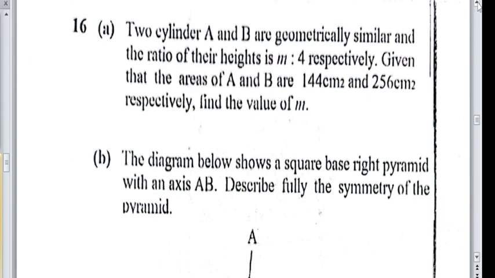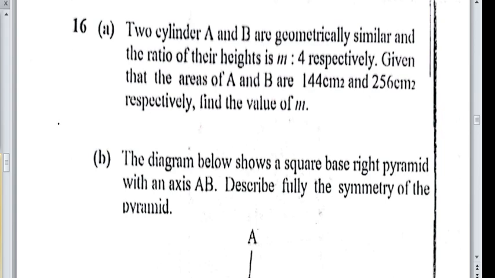So we have a question: two cylinders A and B are geometrically similar and the ratio of their heights is m to 4 respectively. Given that the areas of A and B are 144 square centimeters and 256 square centimeters respectively, find the value of m.